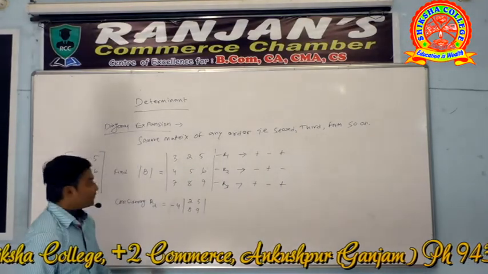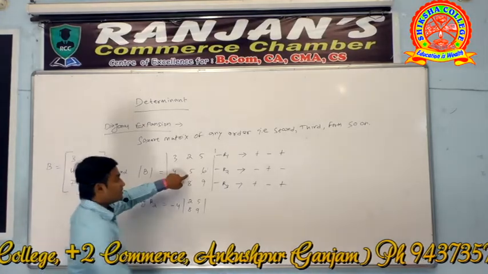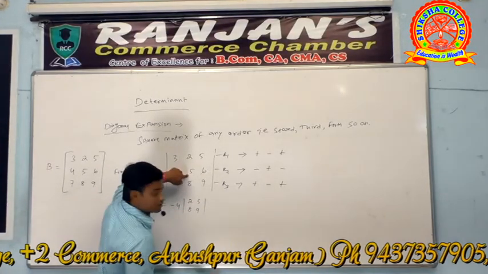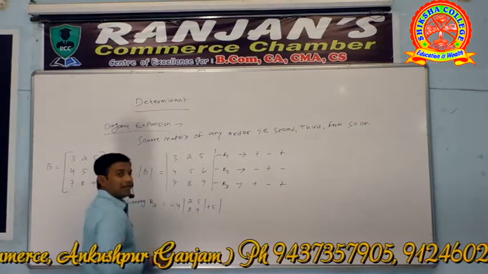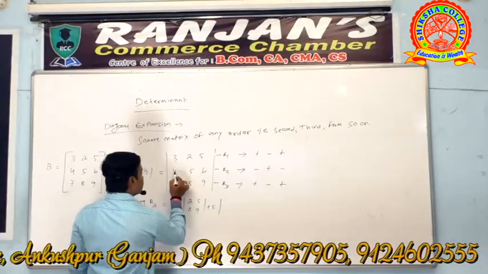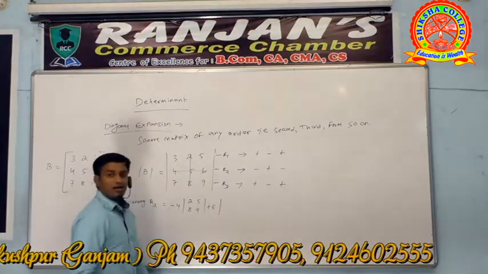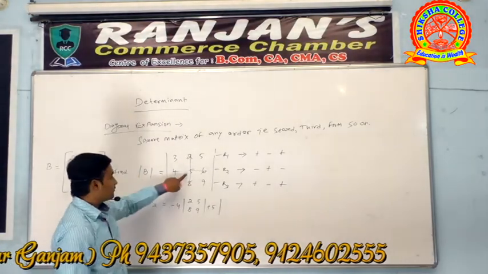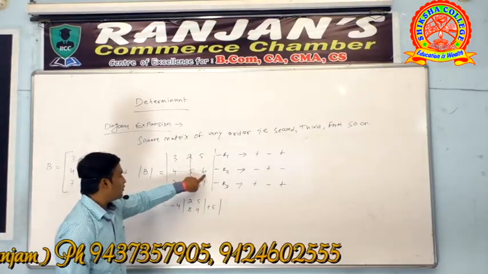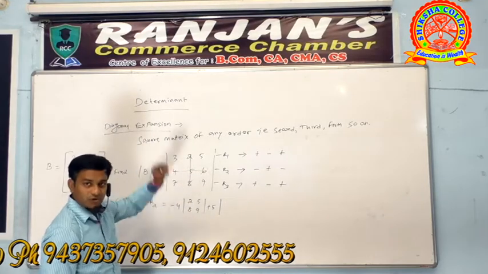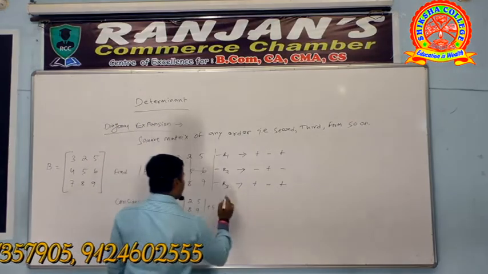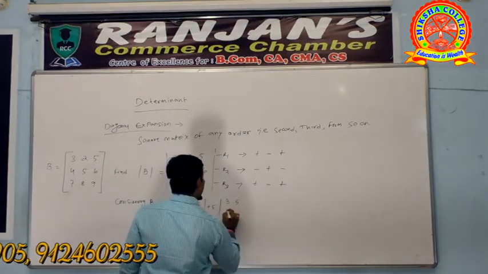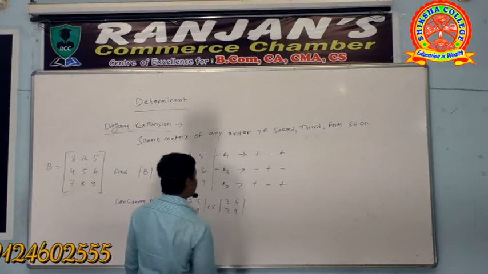Now 5. The symbol of 5 is plus. So plus 5 into, now delete the row and column considering that element. That is the row and that is the column containing 5. Now what is left? 3, 5, 7, 9.